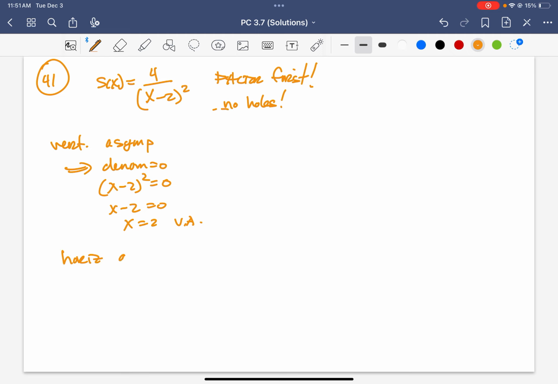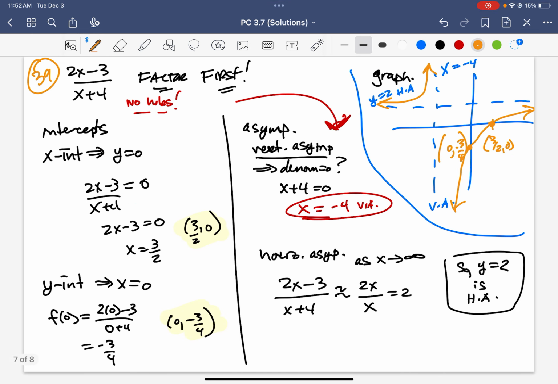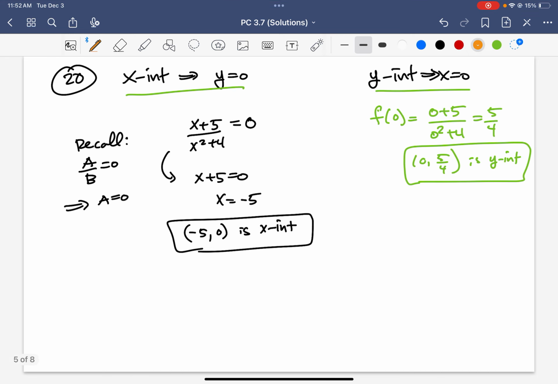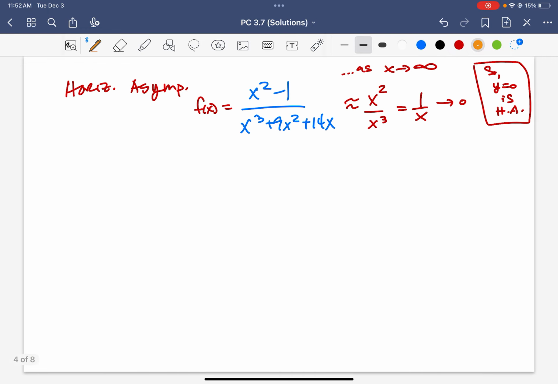For the horizontal asymptote, you should realize that this is just the same as 4 over x squared minus 4x plus 4. So in the long run, as x goes out to infinity or -infinity, all of these I could have put as x goes to either positive or -infinity.